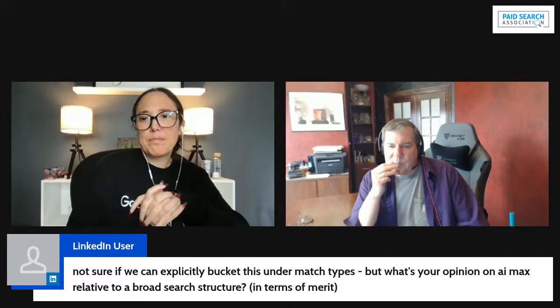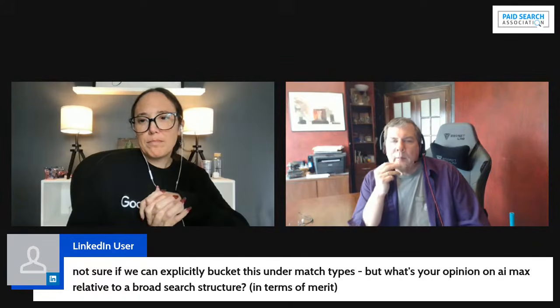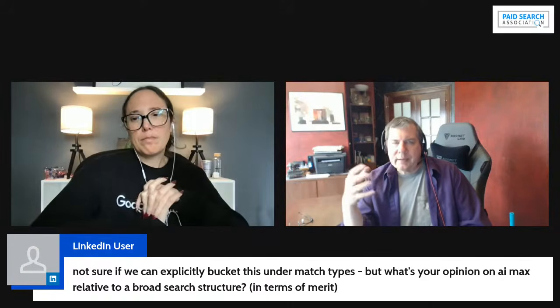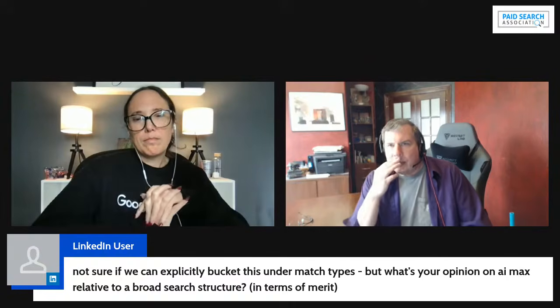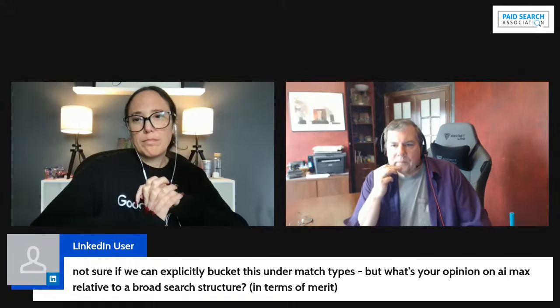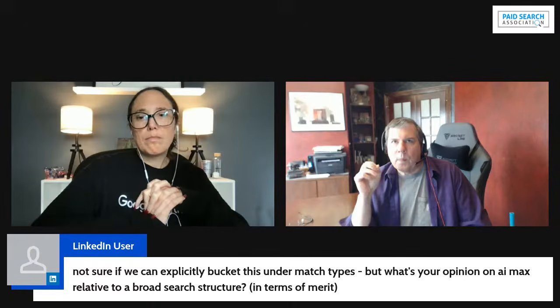AI Max is in its own match type, of course. When you turn on AI Max, it will make every keyword in your account considered also broad match. Now, if you have the broad match version, it will obviously honor that. AI Max is still very hit and miss. My biggest complaint about AI Max is it will steal exact match impressions in some instances.